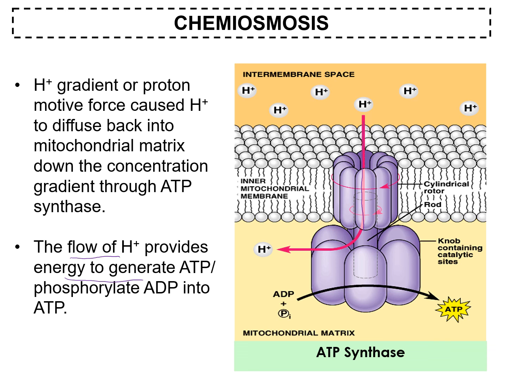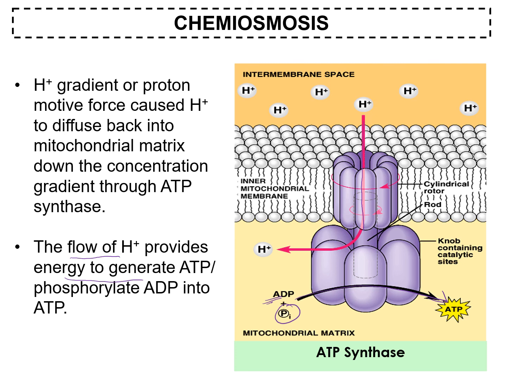So this energy generated from the flow of the hydrogen ion will be used to bind inorganic phosphate to the ADP, producing ATP.